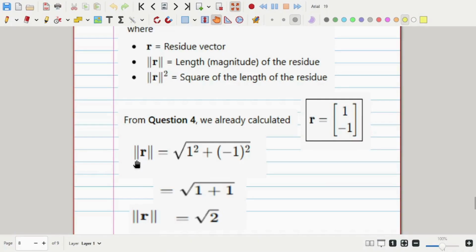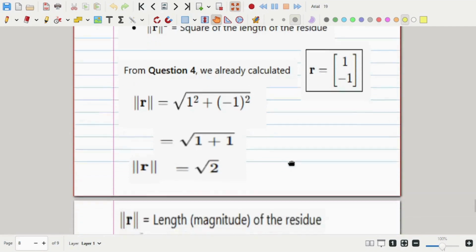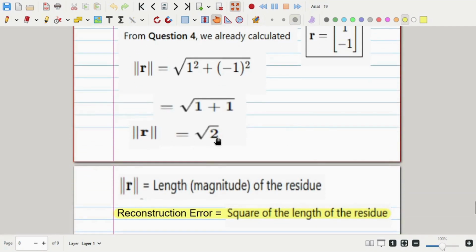That means the norm of vector R is equal to the square root of 1 square plus minus 1 square. So 1 square means 1. Therefore it is the square root of 1 plus 1. Therefore the norm of vector R is equal to square root of 2.